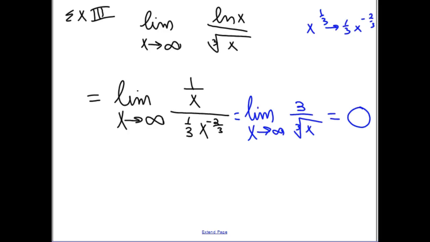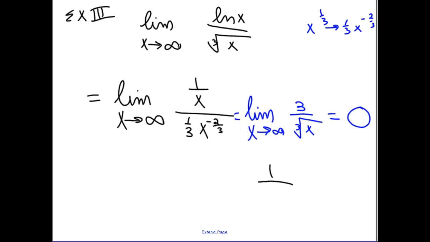And now as x goes to infinity, for example, this, as x goes to infinity, 1 over x is going to 0. Where did the 3 on the top?